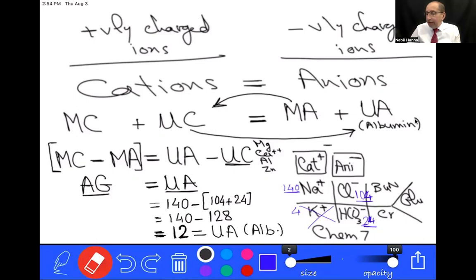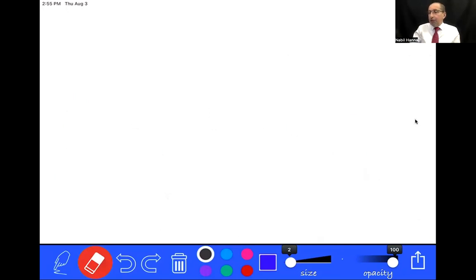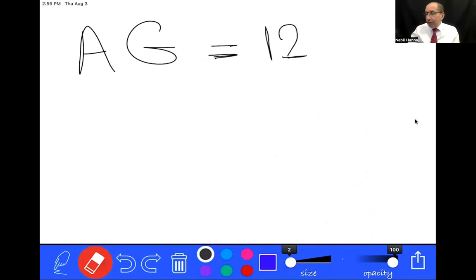So normally, the anion gap, which is 12, tells us that we have equal amounts of cations and anions in the body, and this gap of anions, which is the 12, is nothing but the albumin that we do not measure in this CAM7 panel or this fishbone panel. So the anion gap is a way to estimate the unmeasured anions. So the anion gap normally is 12.